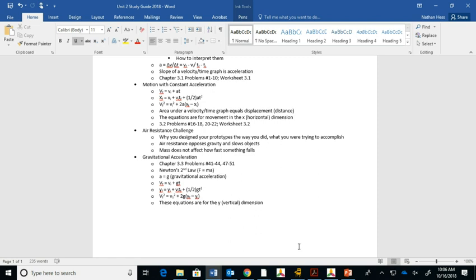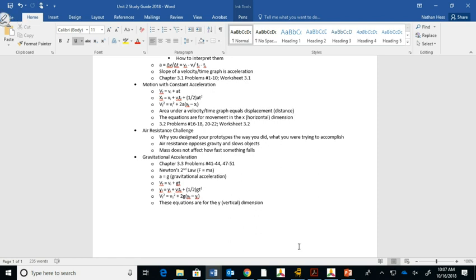It pushes up against gravity and provides some resistance, so it falls slower. But when we take all the air out, remember our big vacuum chamber, the video we watched? They drop at exactly the same time, regardless of distance and the difference in their weight. So it's air resistance that opposes gravity and slows objects down, not the fact that it's heavier. The mass doesn't matter.